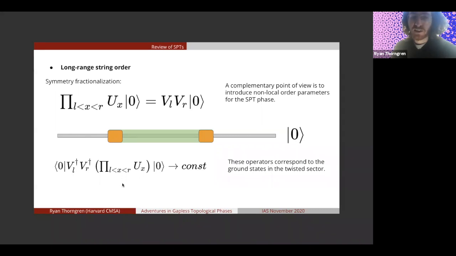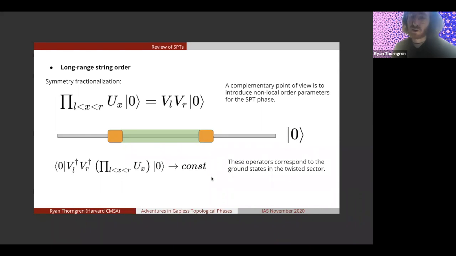So if we take our symmetry operator in some region and then apply the conjugate of the adjoint of the endpoint operators to each end, we get an operator whose expectation value tends to a constant when these endpoints become very far away from each other. So we say that this operator is long-range ordered.